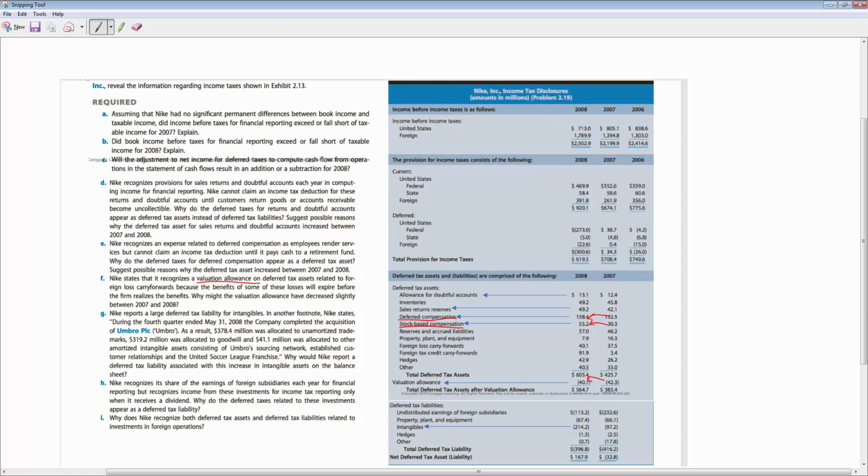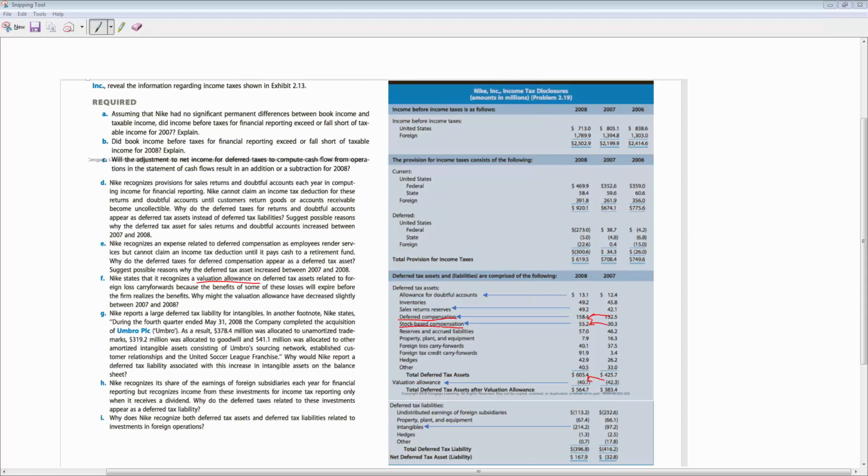The reason may be a better prospect of future profits that can be offset by tax loss carry forwards for tax reporting purposes. So this is actually a good sign that Nike expects to make more money in the future.